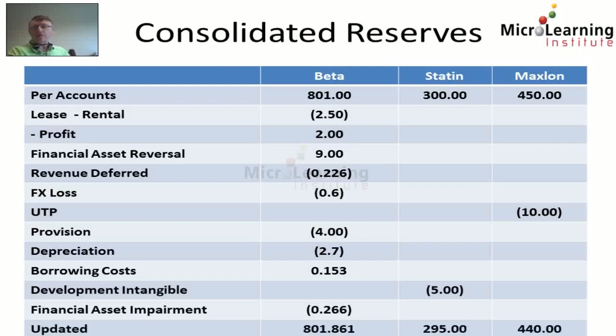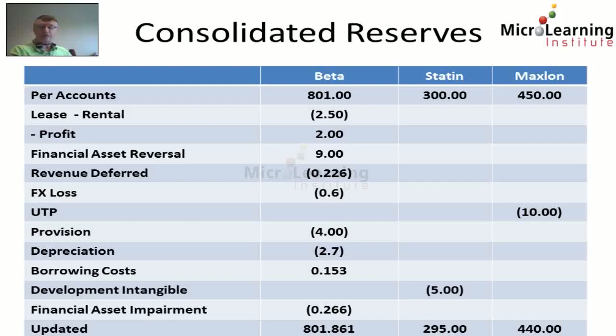So therefore, our updated reserves for Beta, Staten and Maxlon come in at 801, 861, 295 and 440 respectively. So this now is the updated reserves in compliance with fair value and adjusting for all of the other notes that maybe hadn't been adjusted for or had been incorrectly adjusted for throughout the question.